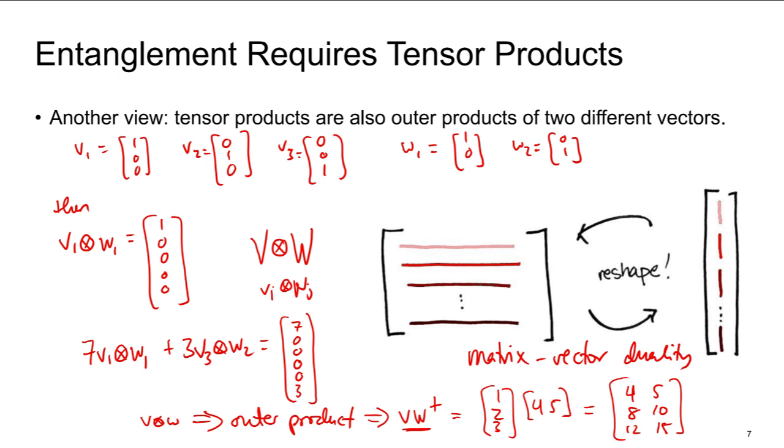But these two go hand in hand. Any M by N matrix can be reshaped into an M times N by 1 column vector and vice versa. So they are the same thing. And this is sometimes referred to as matrix vector duality.